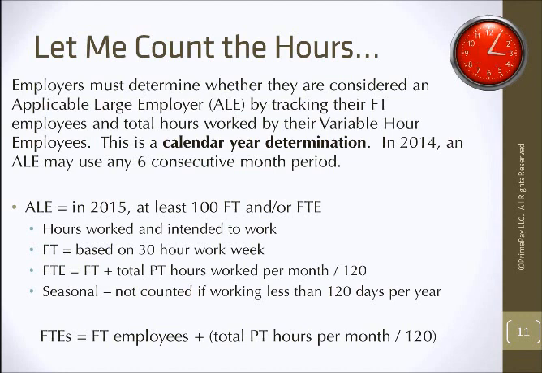You could have an employer today that is at 92 benefit eligible folks, and you're not necessarily knowing how many variable hour employees that employer employs. They could easily carry 20 or more variable hour employees, which would put them in applicable large employer status.